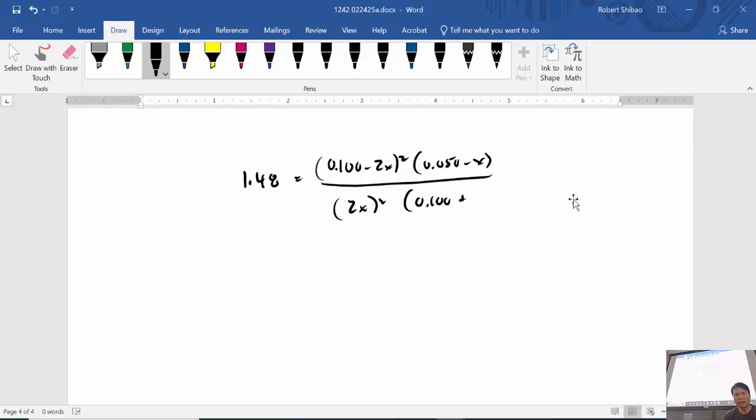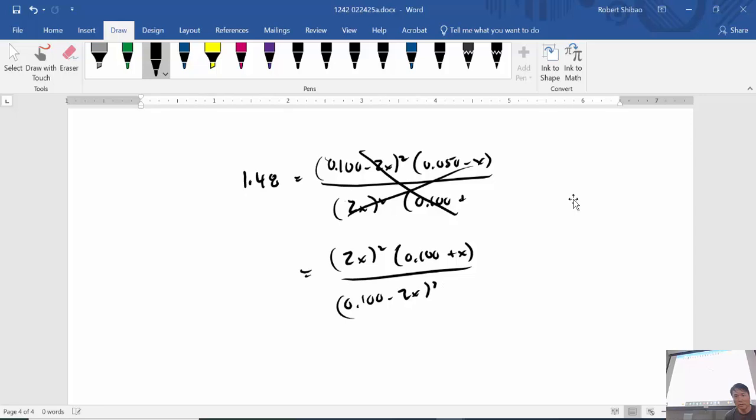Oops, did I screw this up? I did. Sorry. This is the reactants over the products. We want products over the reactants. This is going to be 2x quantity squared, 0.100 plus x, divided by 0.100 minus 2x squared, divided by 0.050 minus x.